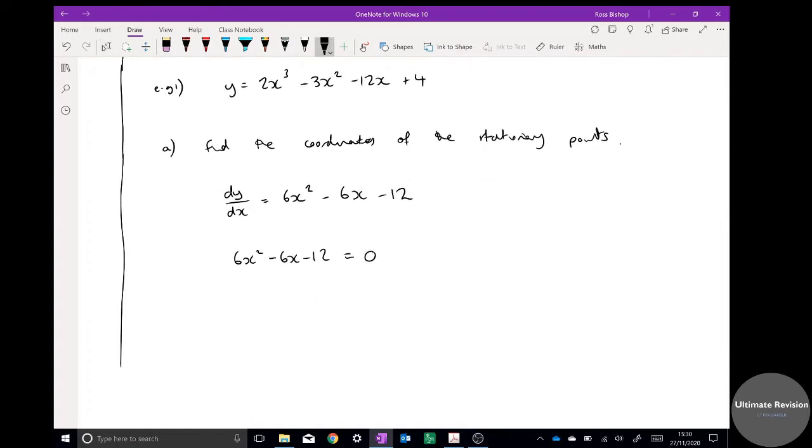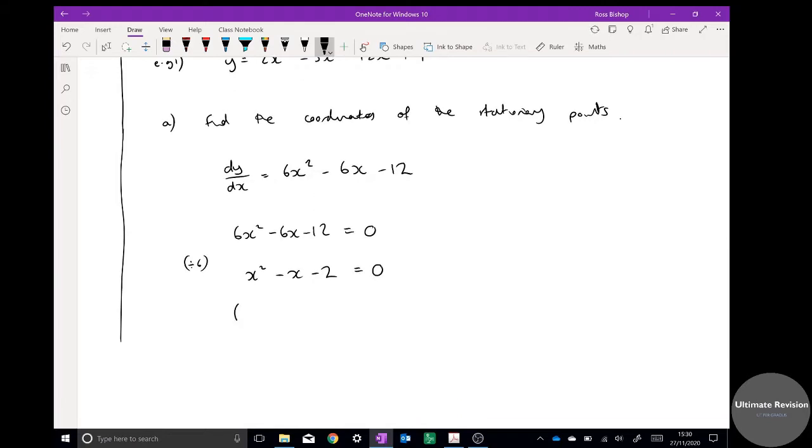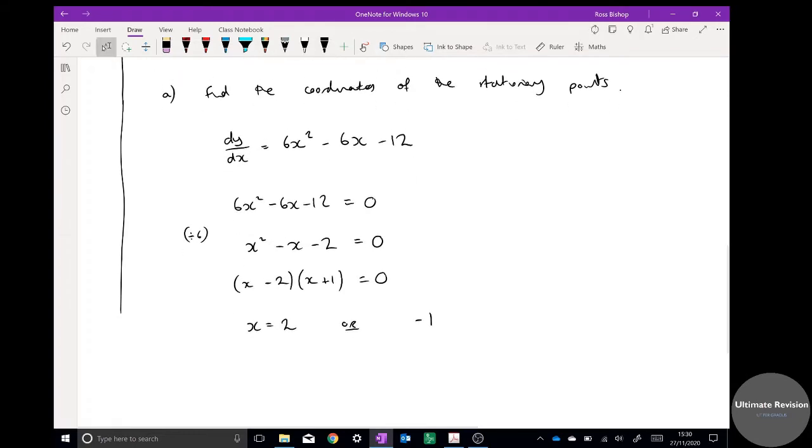I can divide through by 6. It's quite nice. I should be able to factorize this, hopefully. So my x coordinates are 2 or -1. Just solve that like a quadratic.